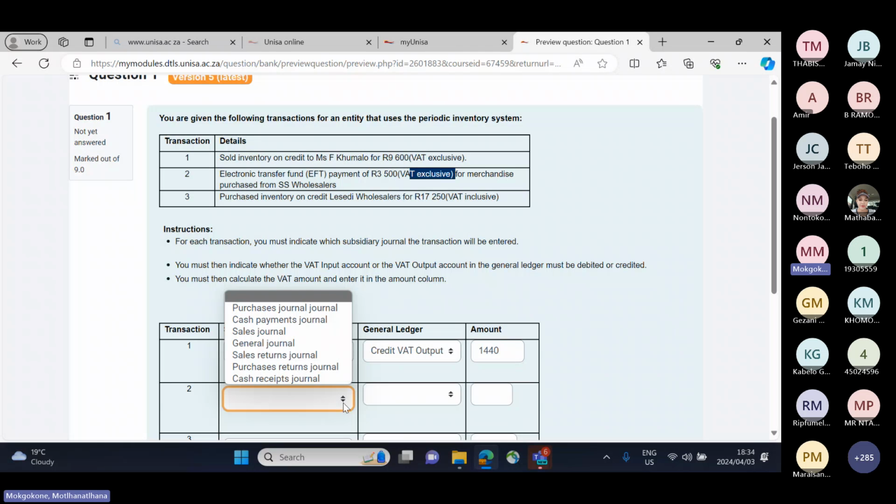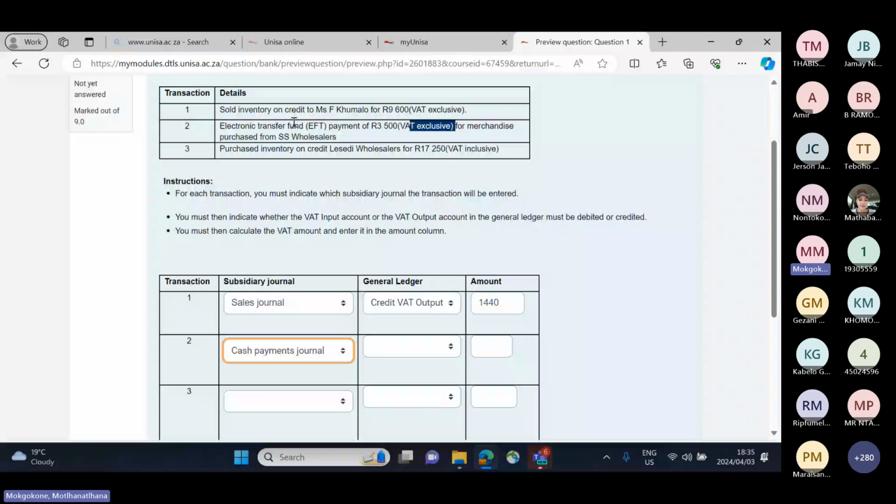Here we purchased from SS wholesalers, and we said VAT input is VAT paid on the purchases of goods or rendering of services, and will be claimed back from SARS.